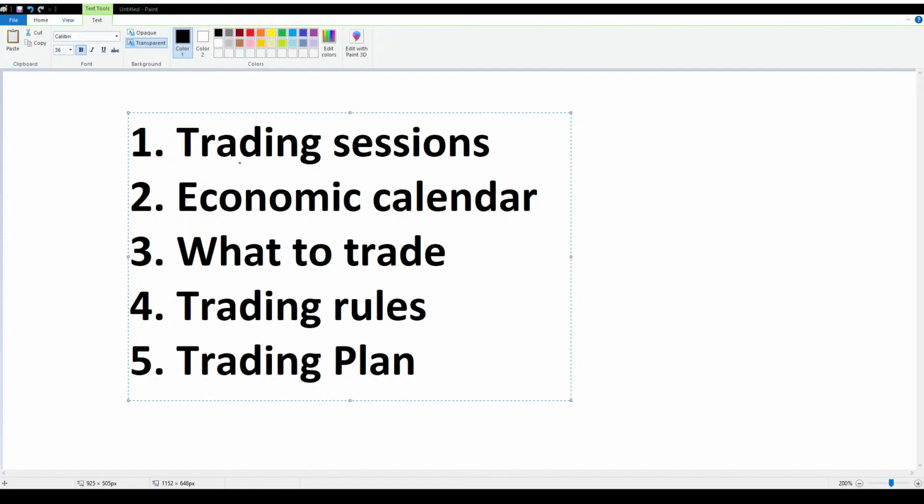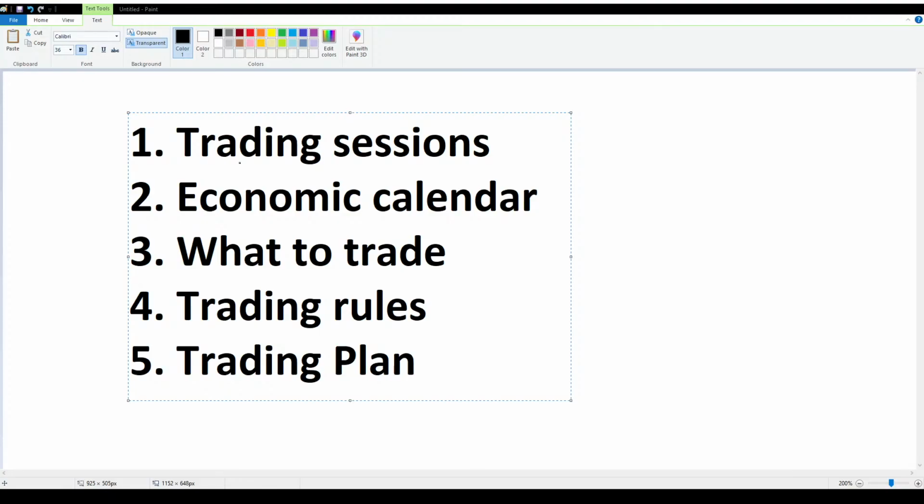Remember, I mentioned that there's three different trading sessions. There are the important ones actually: the New York session, the London session, and the Asian session. Remember, guys, these are three different stock exchanges, and on those different stock exchanges, different currencies and different stocks are active.